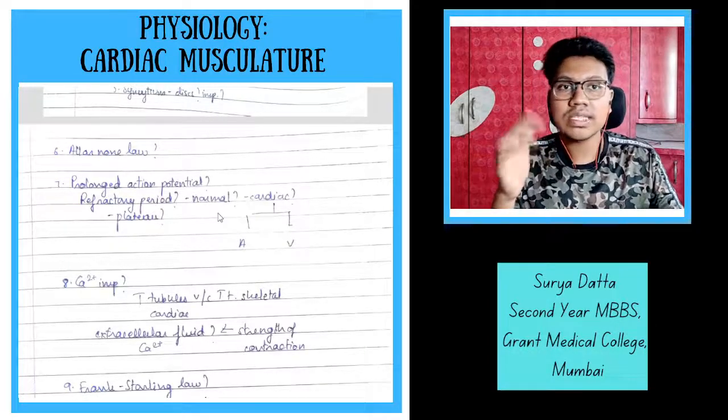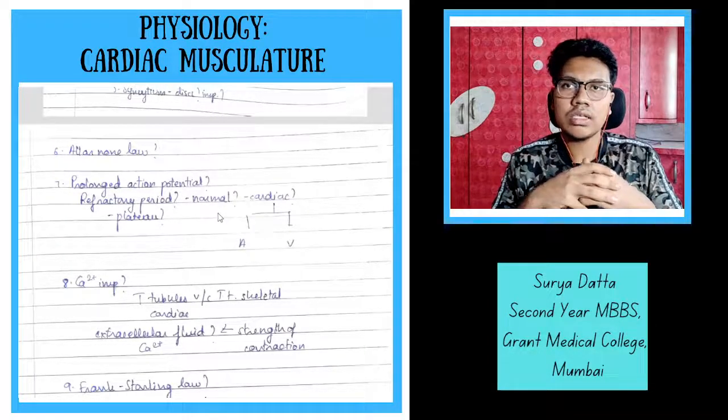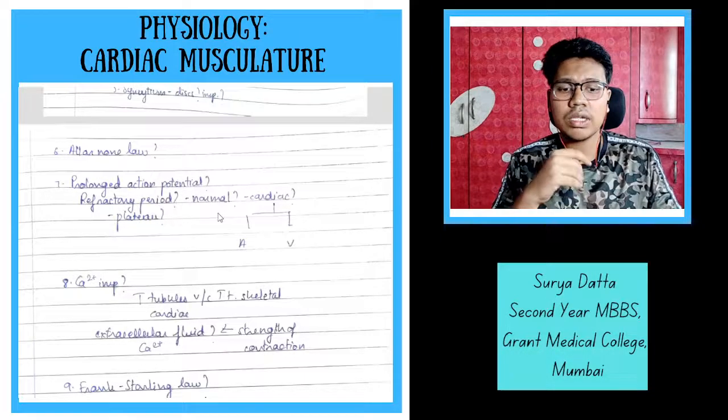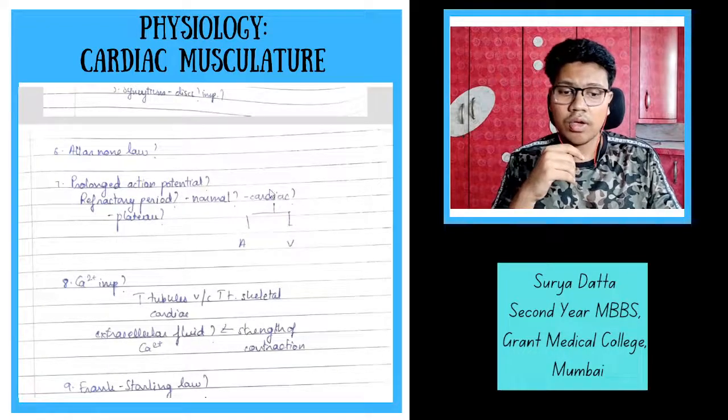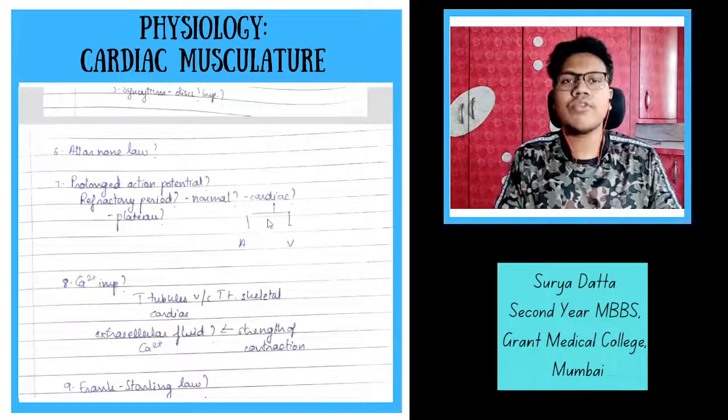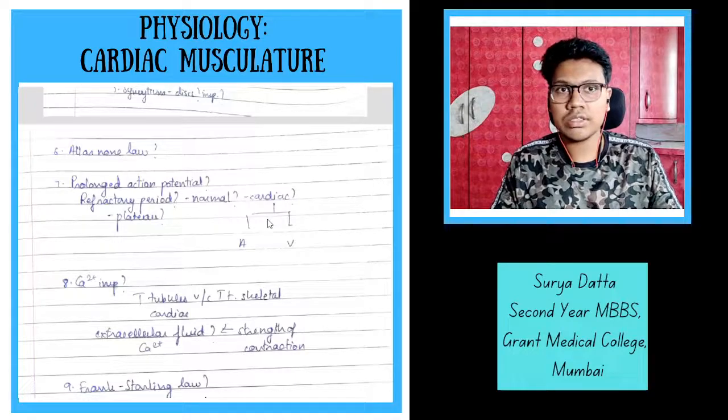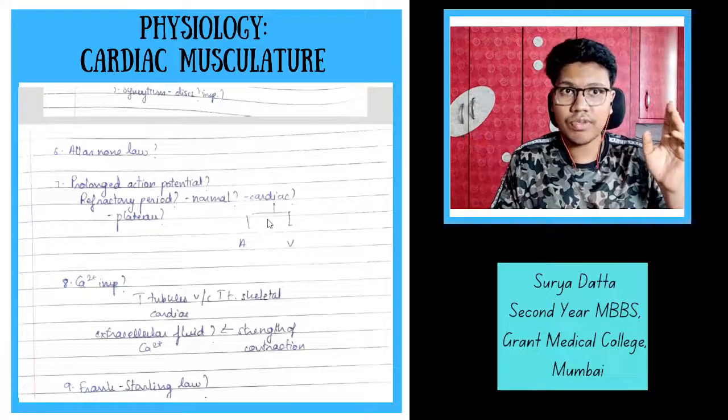Now, the normal skeletal one is, I think, about 1 to 3, sometimes even 10 milliseconds. Different books will give you different values. Whatever reference book you use, just go through that one and memorize that value. But the cardiac one is pretty specific. Cardiac one has two different values. If anyone asks you the question, the answer is 0.15 seconds to 0.35 seconds.